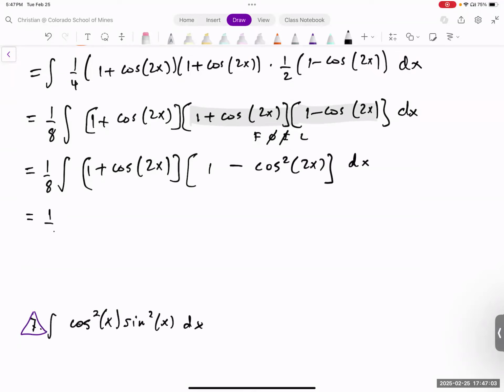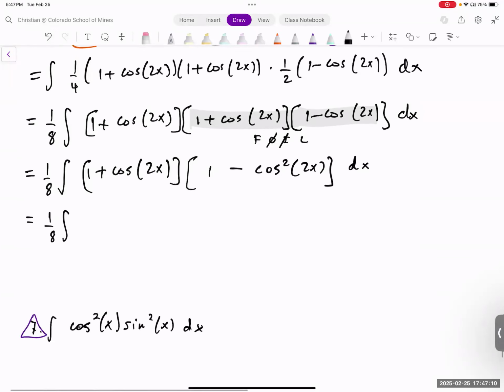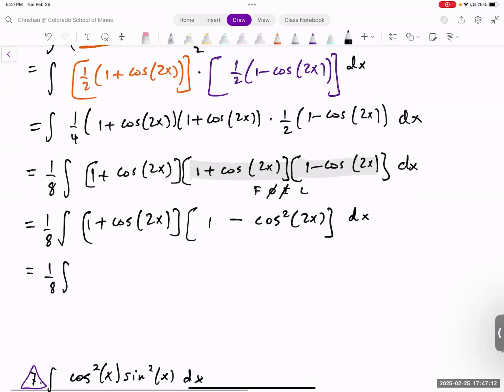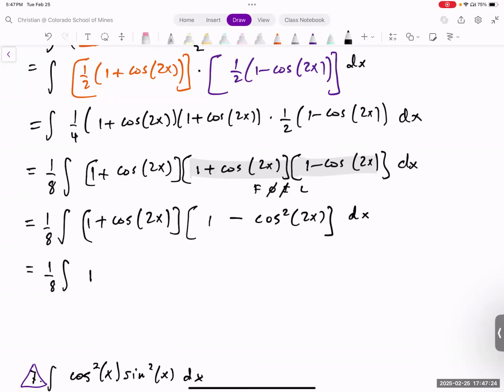Now we have this to deal with. That's an 8 and, what happens? Let's see. Okay, so if we FOIL, I believe we'd have 1 from the first two. The outer two would be minus cosine squared of 2x. Then the inner two, plus cosine 2x.